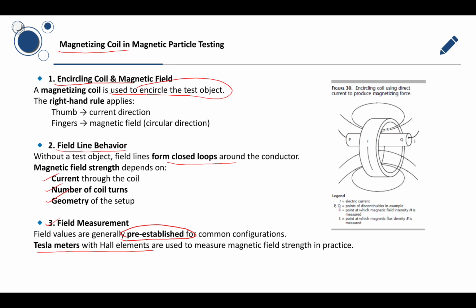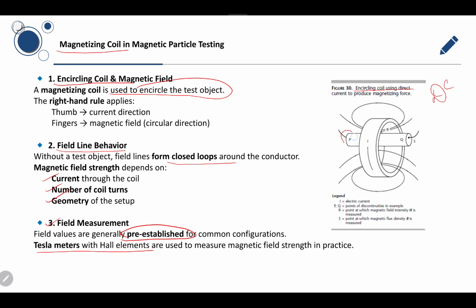This figure demonstrates how a test object is magnetized using an encircling coil with direct current. Encircling current coils. A rod magnetized longitudinally using a direct current encircling coil.